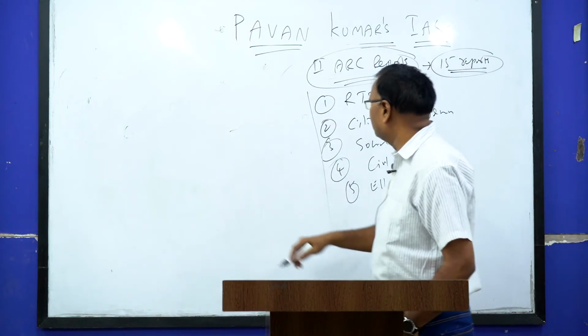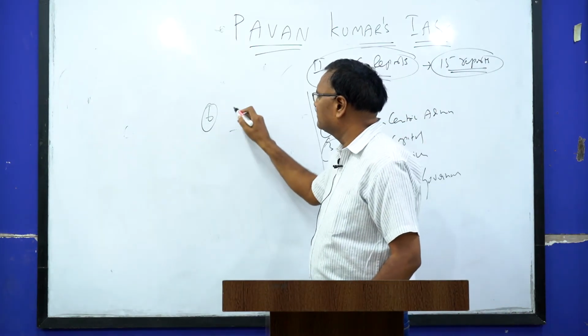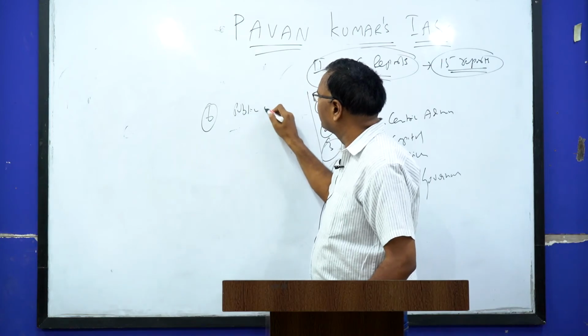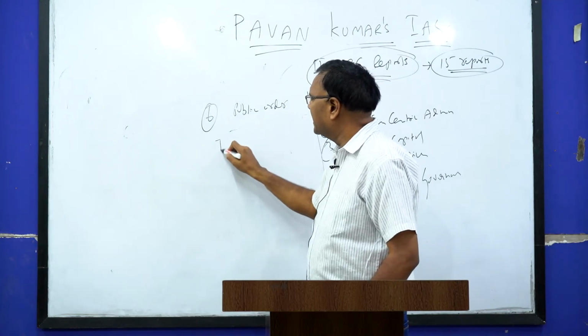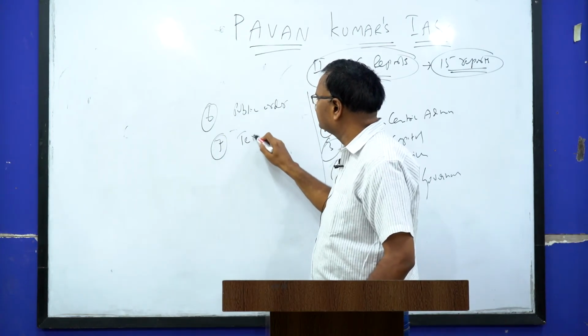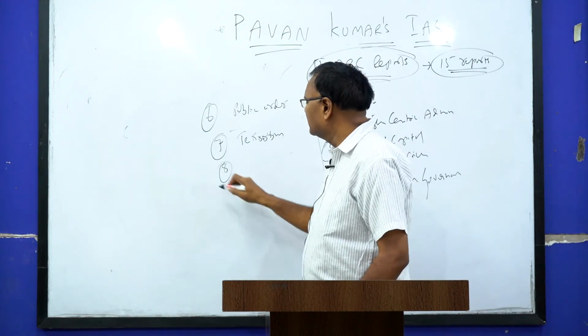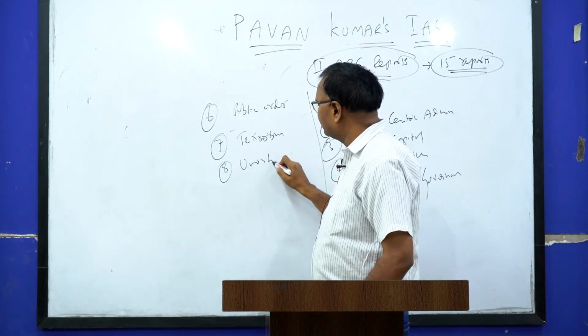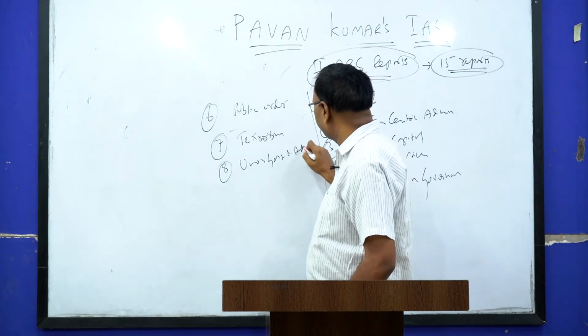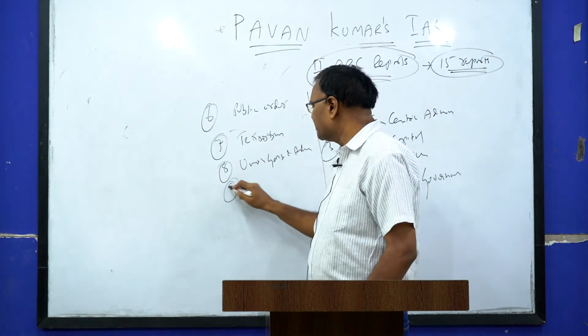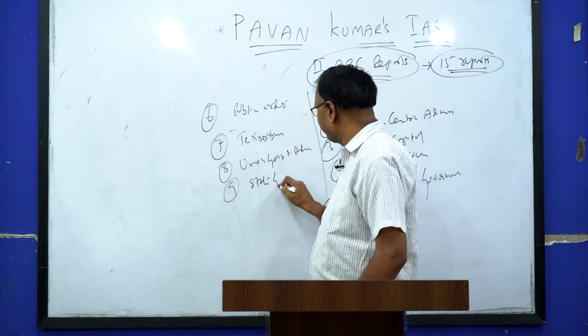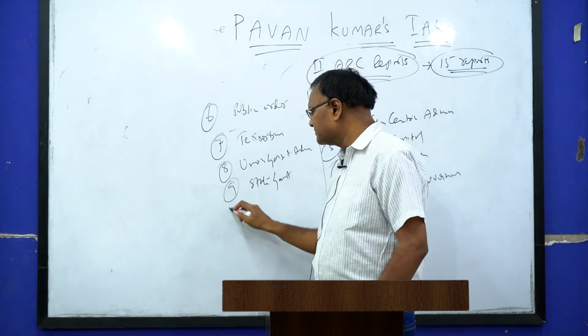Then you have report on public order. You have another report on terrorism. You have one report on union government and administration. You have another report on state government and administration.